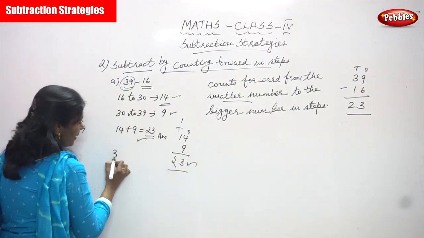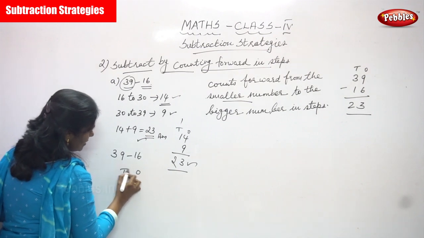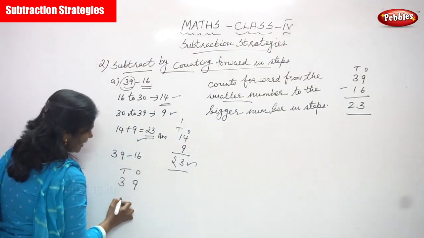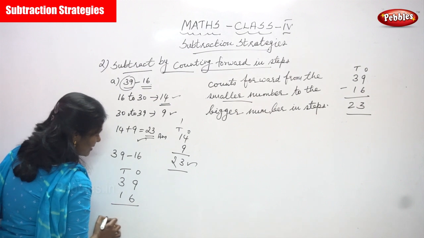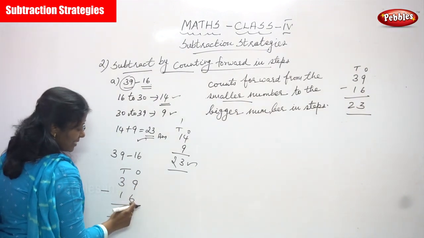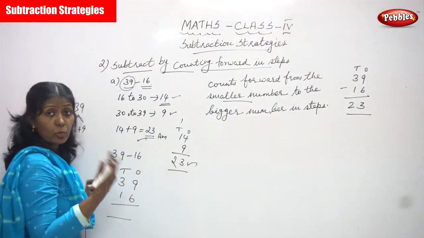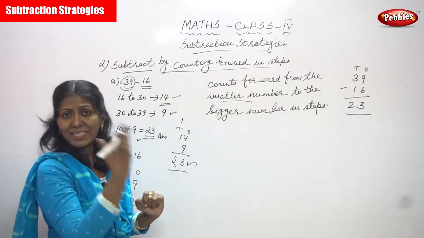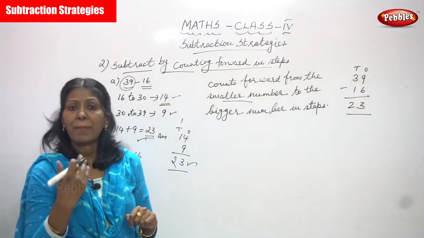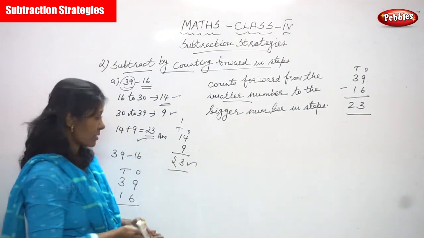Now general subtraction, 39 minus 16. Ones and tens, right? The first number is 39 and the second number is 16. In general subtraction there is no strategy I am following here. 9 minus 6: 9 is the bigger number, 6 is the smaller number. From 9 you subtract 6, backward counting: after 6, 7, 8, 9. So the answer is 3.